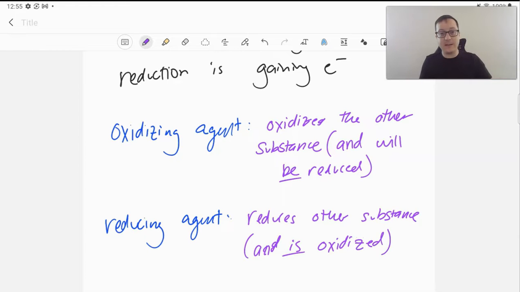So your oxidizing agent does the oxidizing, and in the process of oxidizing something else, meaning it's taking electrons away, it will now gain electrons, right? It's removing electrons from something else and gaining them on itself. That's the oxidizing agent. It's the same thing as the substance that is reduced.